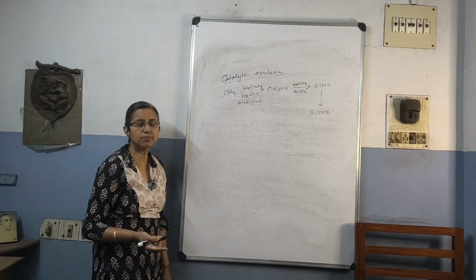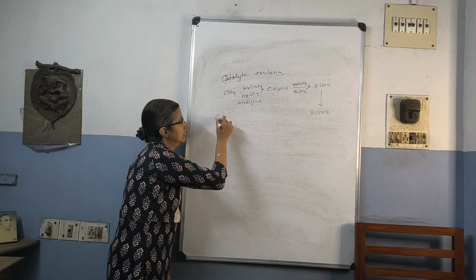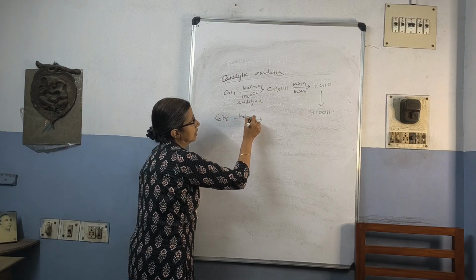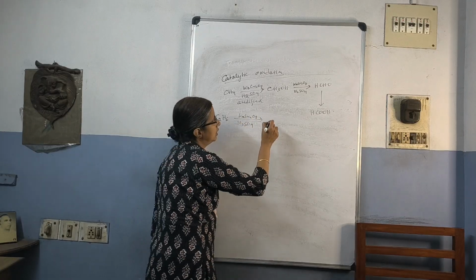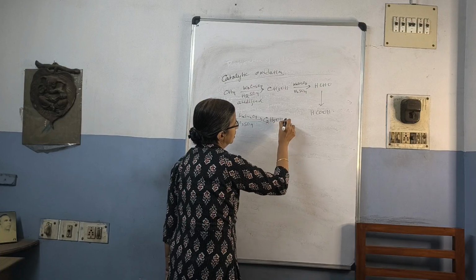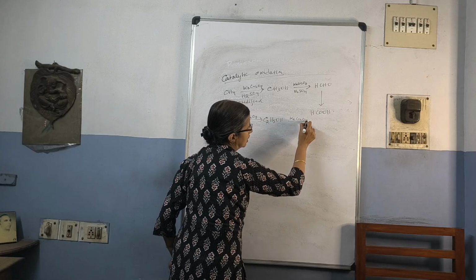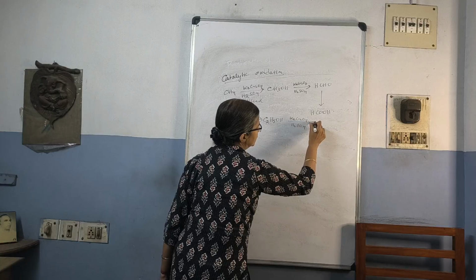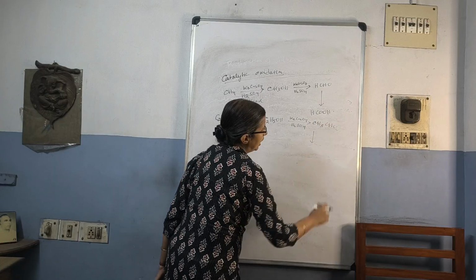Now if we take the stepwise oxidation products of ethane, we will get CH3CHO, this is our acetaldehyde.